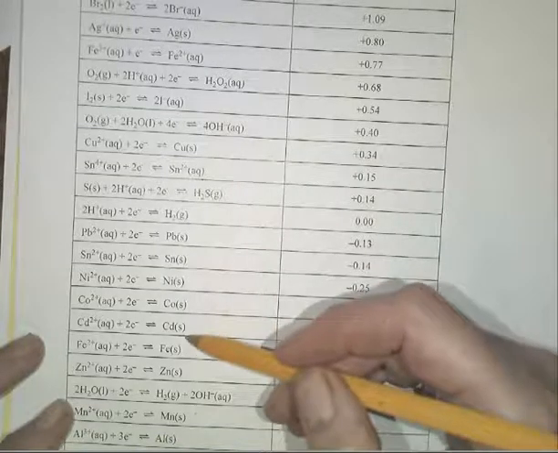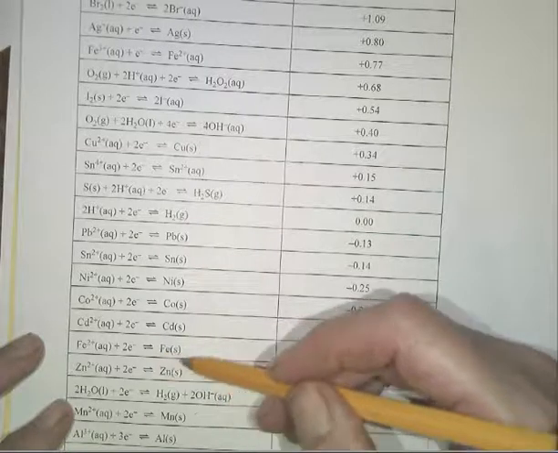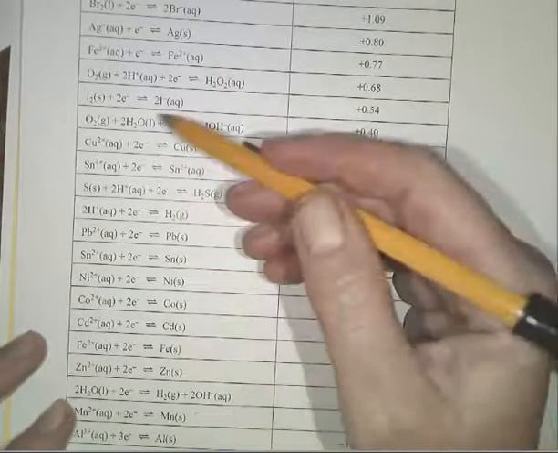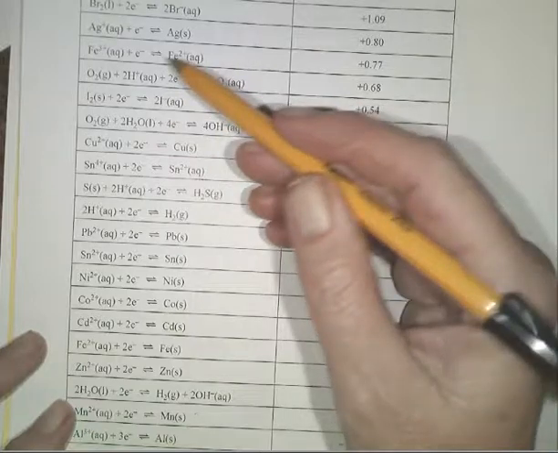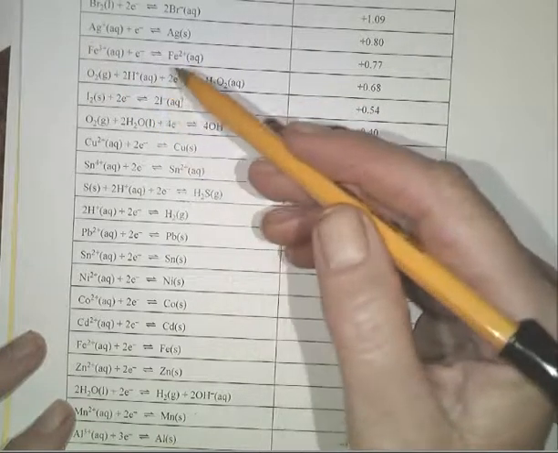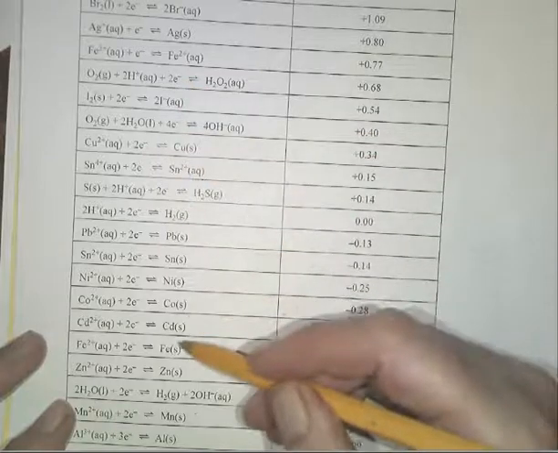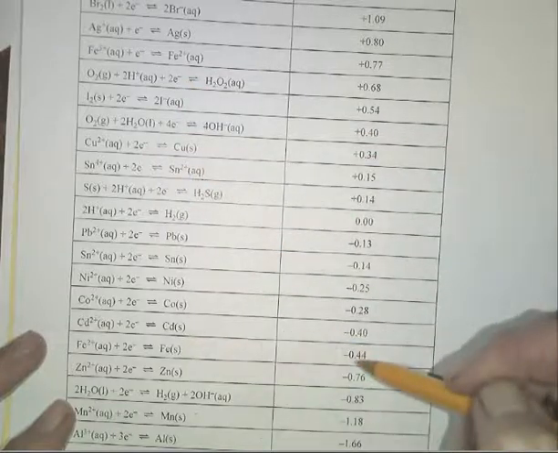Make sure you're using this iron, the solid to use as an electrode. Don't use these, these are both iron ions. Don't get those confused. If we use this one, it's negative 0.44.